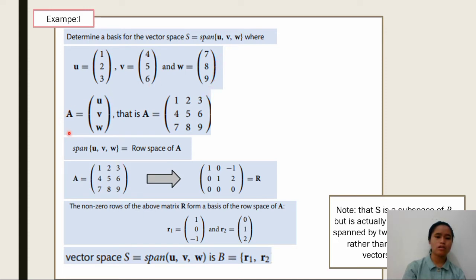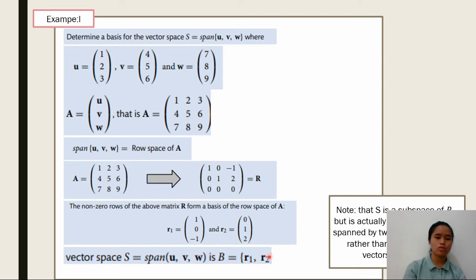So A is U, V, and Y. This is matrix A. The span of U, V, and Y equals the row space of A. From the row space we have the non-zero rows: R1 is 1, 0, minus 1, and R2 is 0, 1, 2.